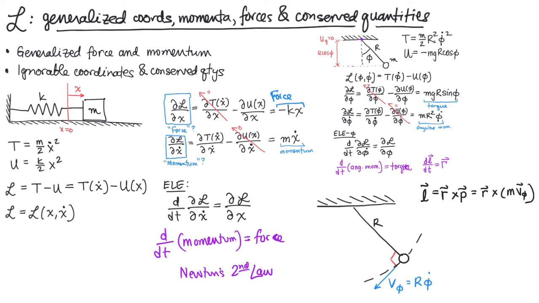Okay. All right. And v phi is r phi dot. So if we look at this, we can say the magnitude of L is the magnitude of r, and then the magnitude of m v phi, times the sine of theta, excuse me.